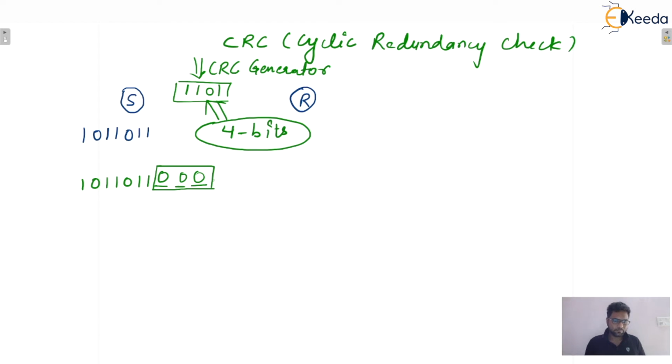Okay, let's take one example. You know one operator, that is exclusive OR, XOR.